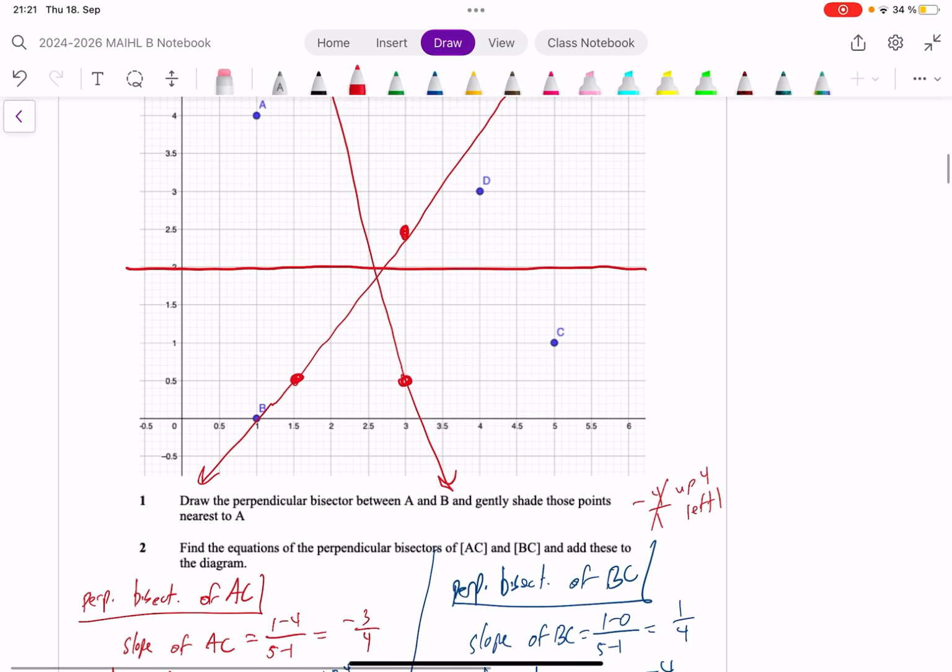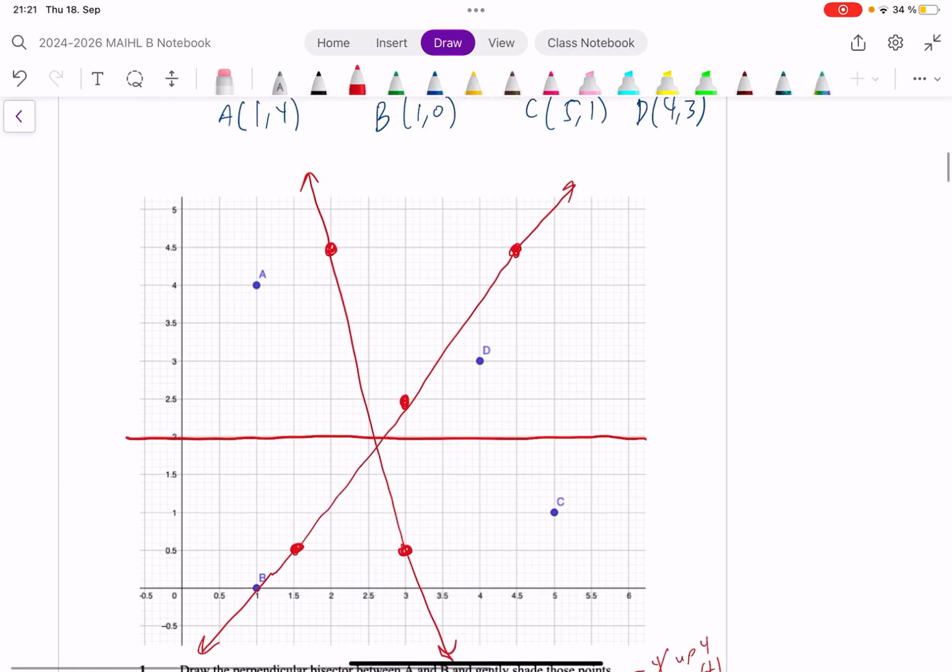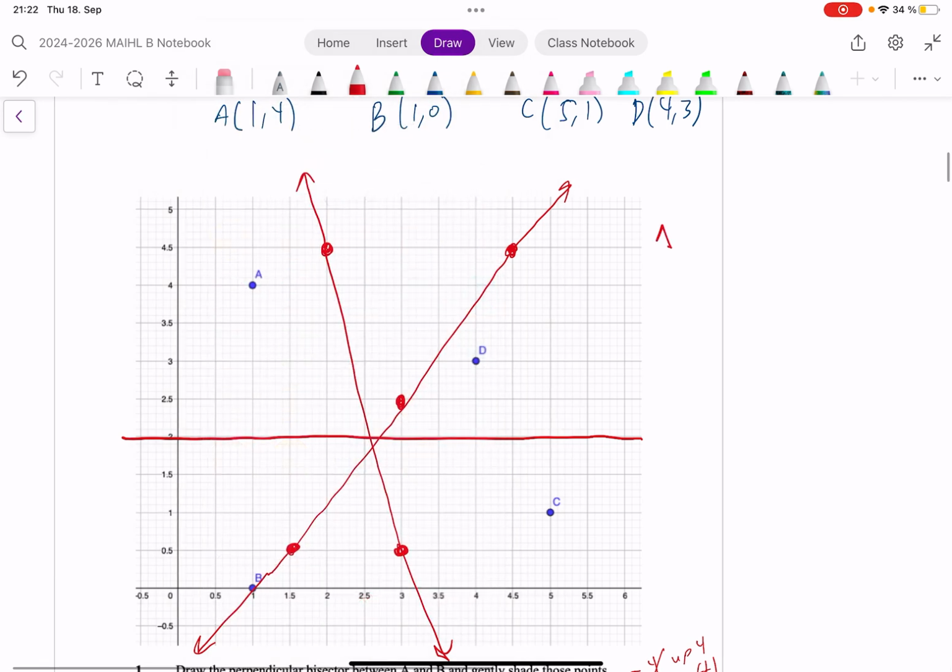Right, so we've seen that I've added, for example, if I have 4 vertices, I need the perpendicular bisectors between AB, I need between AC, I need between AD, and then I need between BC, BD, and what am I missing? CD. Right, so the ones I already have drawn, I did between A and B, that was the first one.